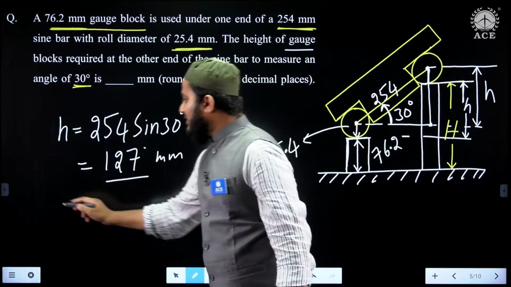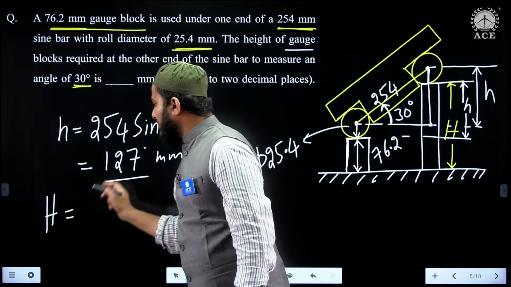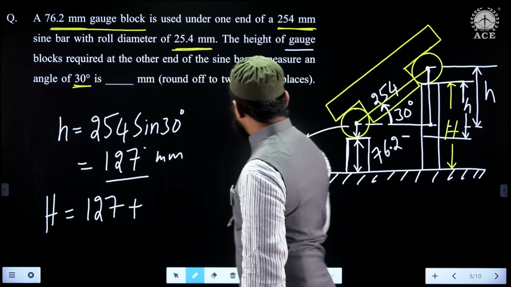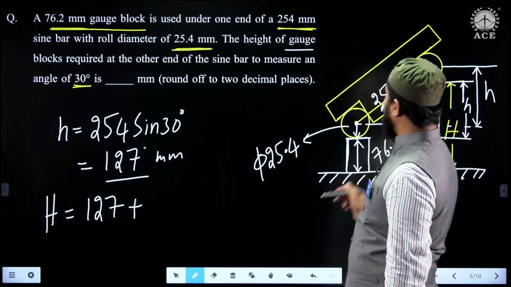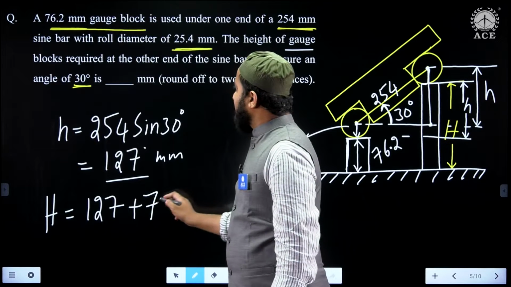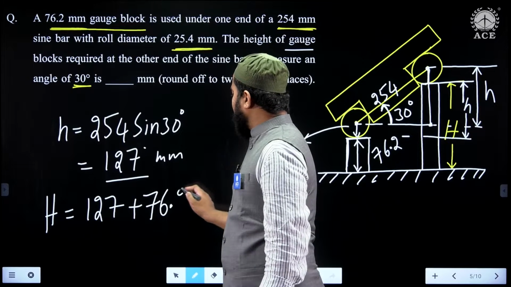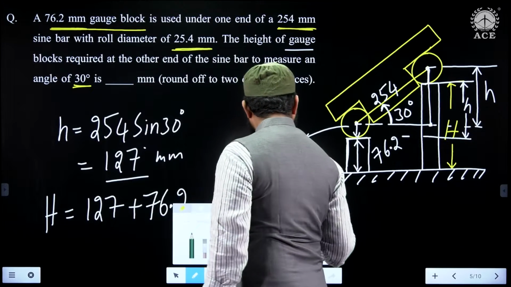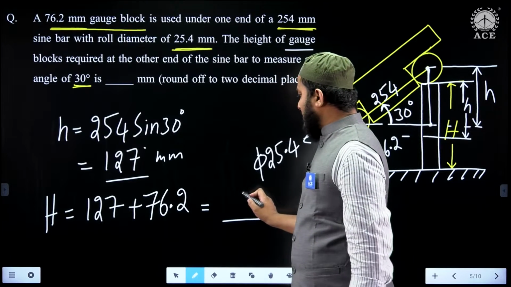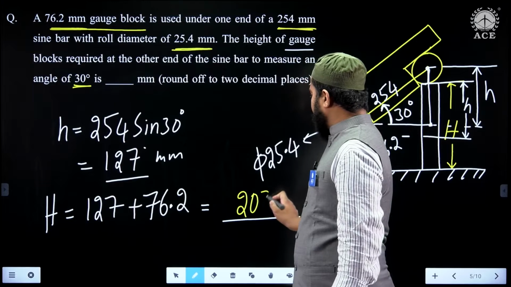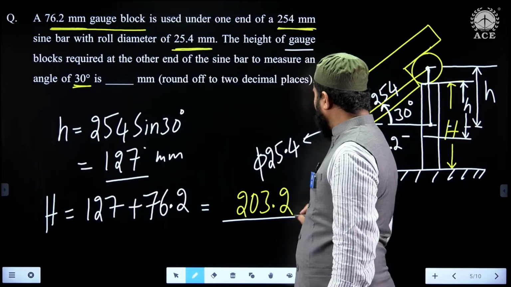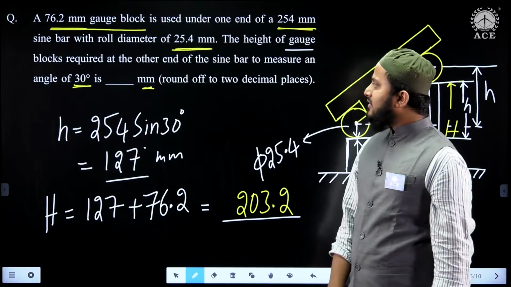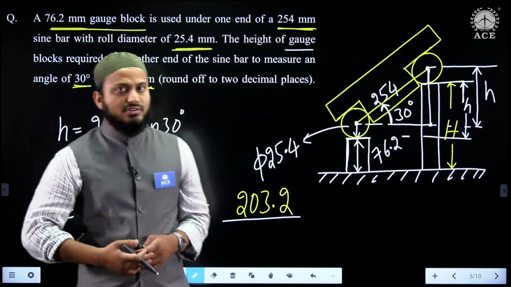So once you know the small h, then capital H will be equal to 127 plus the existing height of slip gauges or gauge block, that is 76.2. Therefore, the answer at the end is 203.2. Anyhow, we need to substitute in mm. This is the answer to this particular question.